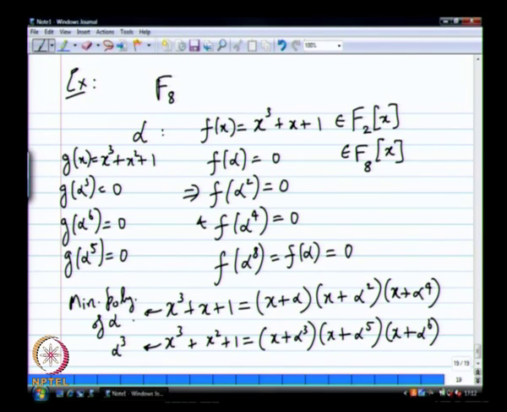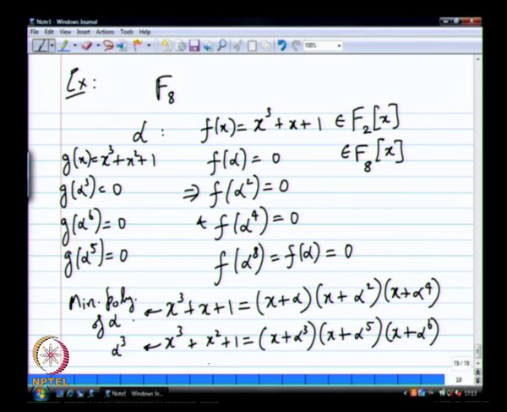One thing that is very obvious is all the conjugates will have the same minimal polynomial. So the minimal polynomial of alpha, alpha squared and alpha power 4 will all be x power 3 plus x plus 1, because they are all conjugates. Wherever you start, if you keep on squaring, you will get the other terms. The minimal polynomial of alpha power 3, alpha power 5 and alpha power 6 is x power 3 plus x squared plus 1.